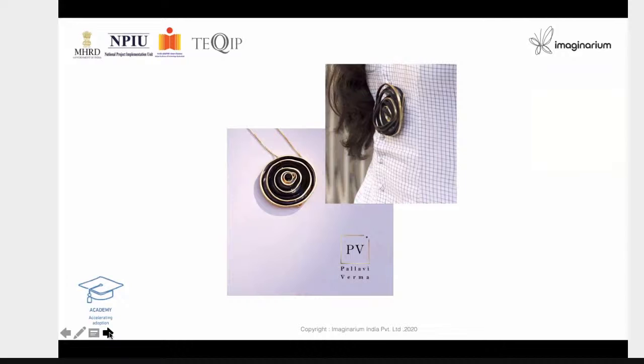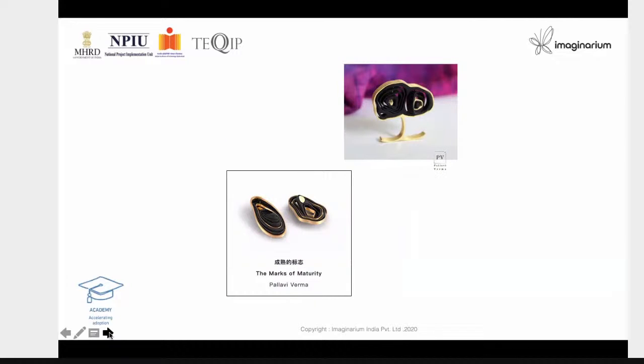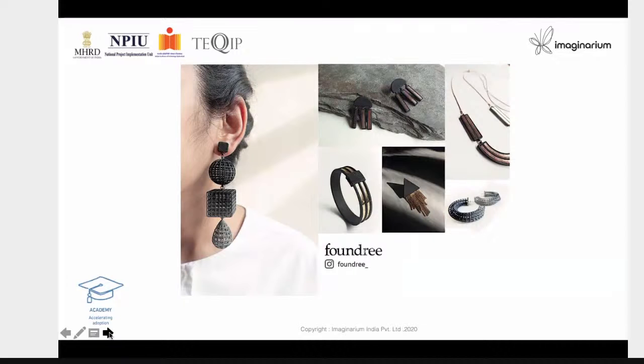It's an experiment done by Pallavi Verma, one of the designers from NID. She has played with polymer and metal, nylon and gold, something like that. You can see the same thing, different versions.